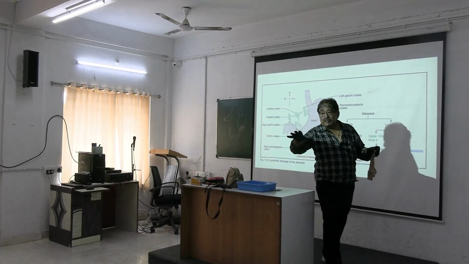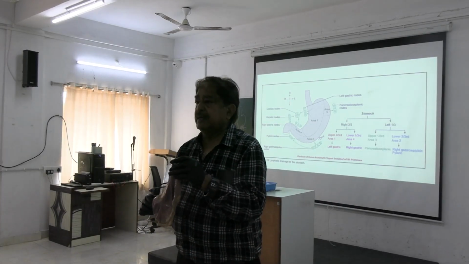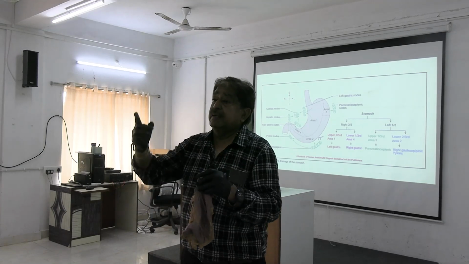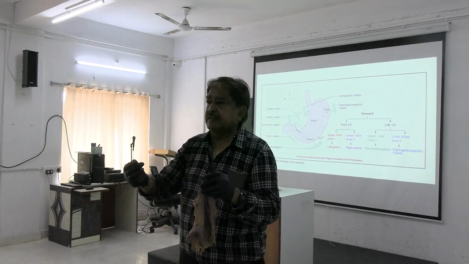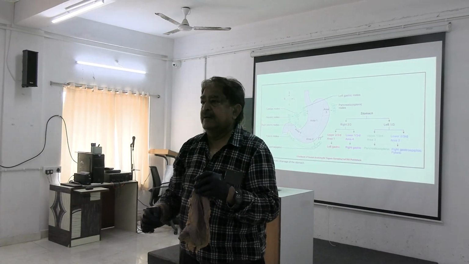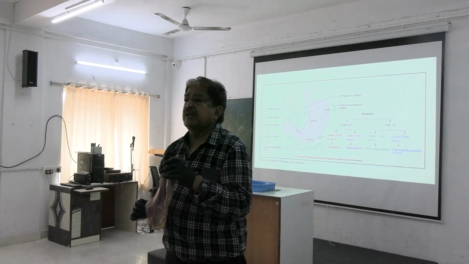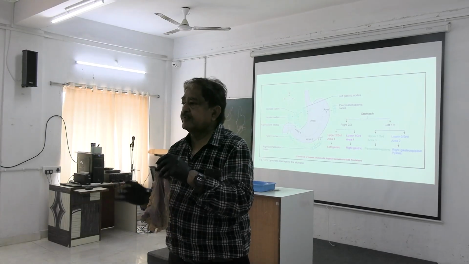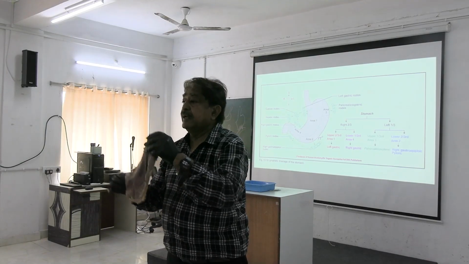Now, when you study together, do one thing: draw it on a cardboard or poster paper and cut it out with scissors. If four of you are studying, you hold it like this. This is the greater curvature, this is the lesser curvature. Now this is the lesser curvature, this is the greater curvature, this is the pyloric end.